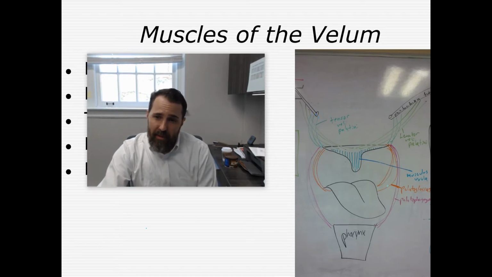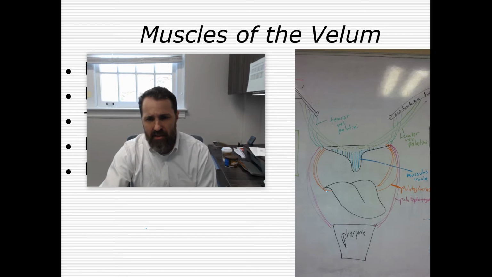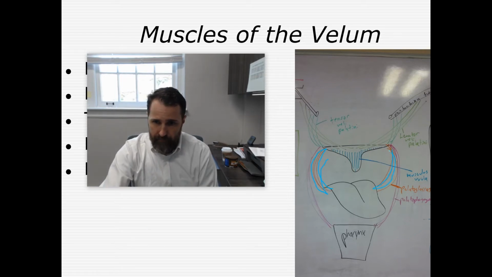The next muscle we're going to talk about is the Palatoglossus. And this was already mentioned in the muscles of the tongue section. But the Palatoglossus is the muscle that runs from the tongue up to the soft palate. And you can see here that this muscle is going to do one of two things.